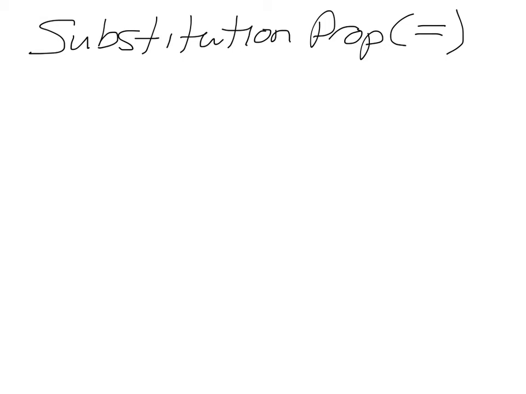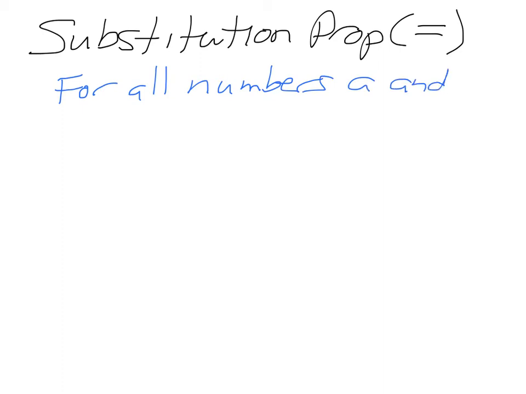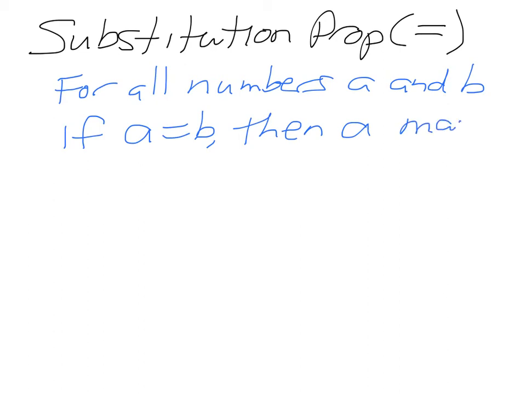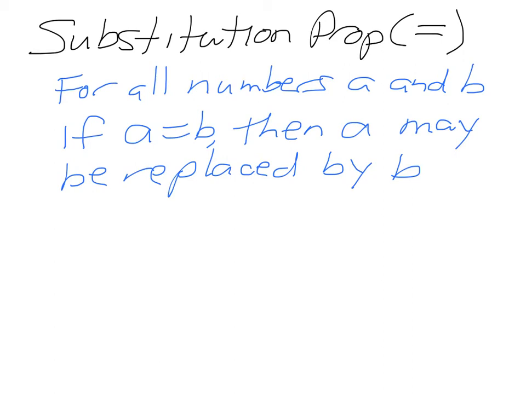And what this property says is, for all numbers A and B, if A equals B, then A may be replaced by B. All this is saying is this: if I had a sample expression, 2A plus 7, I could replace the A with B and make it 2B plus 7.